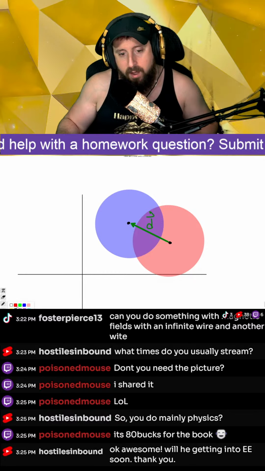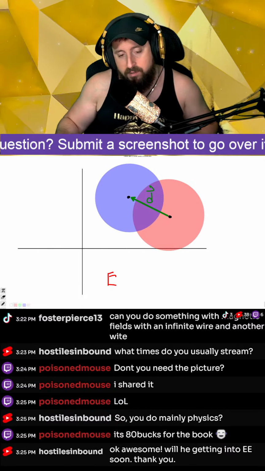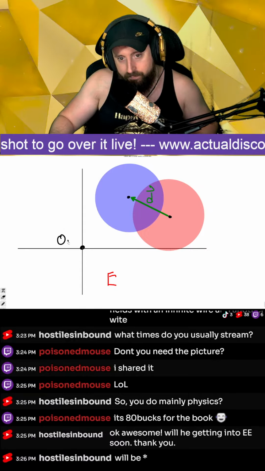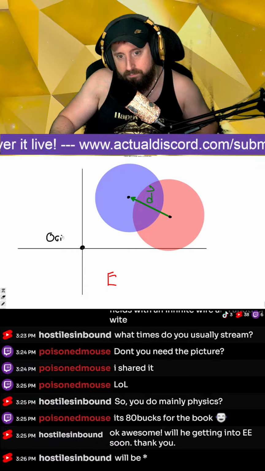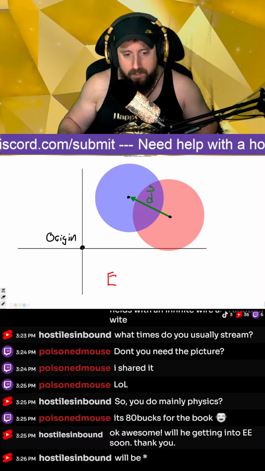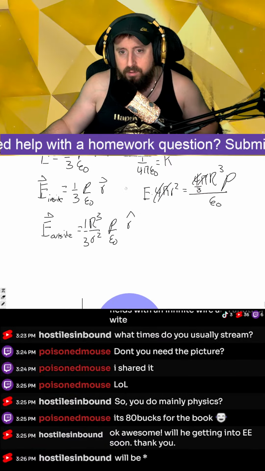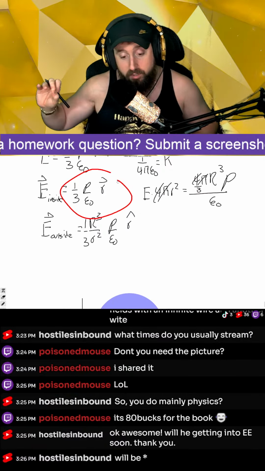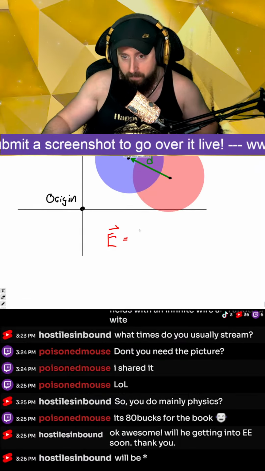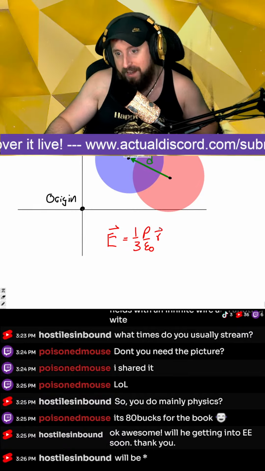All right, let's talk about what the electric field is due to the red one. Let's consider that this right here is our origin. The electric field, restricting ourselves to inside the red sphere, is 1/3 rho over epsilon naught times r vector.